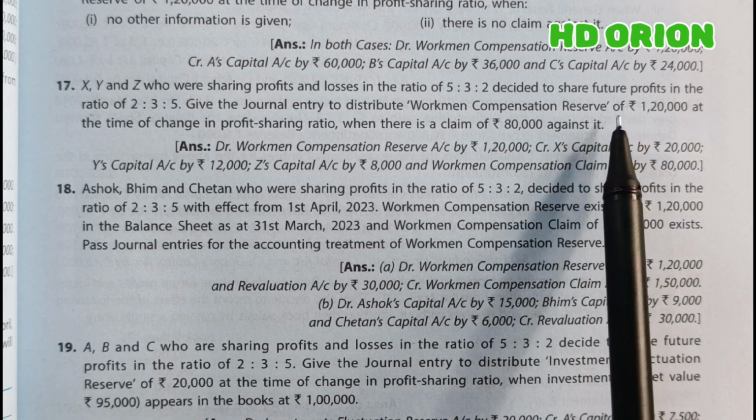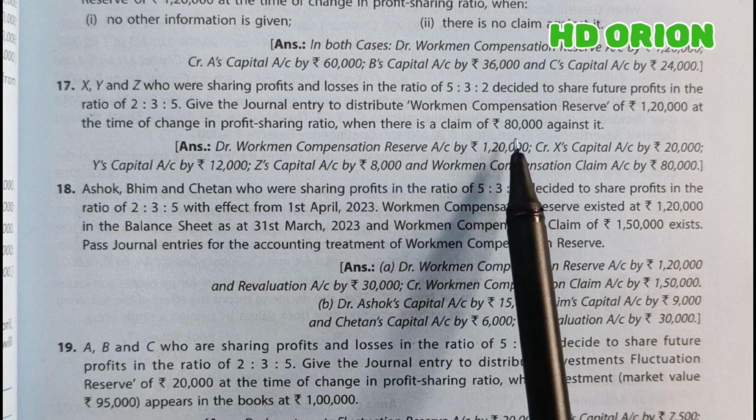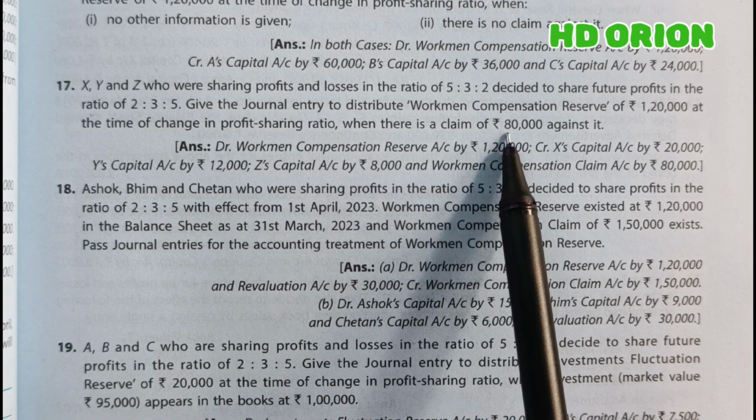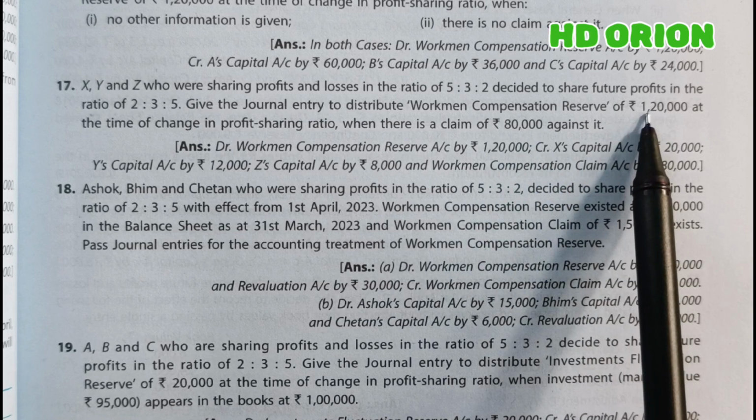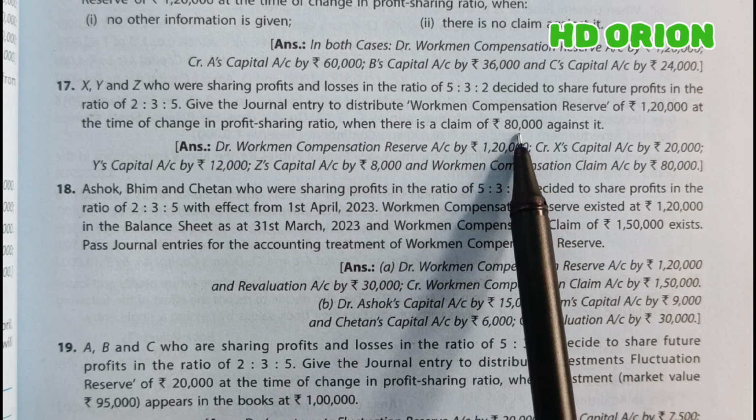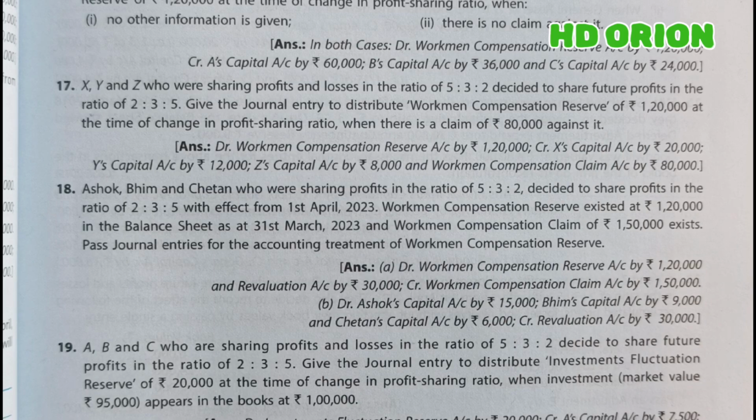For that reason, this reserve is created, and there is a claim from the workers' side of rupees 80,000. So out of rupees 1,20,000, 80,000 is to be kept for compensating the workers, and the remaining difference, 40,000, will be transferred to partners' capital accounts in their old profit sharing ratio.